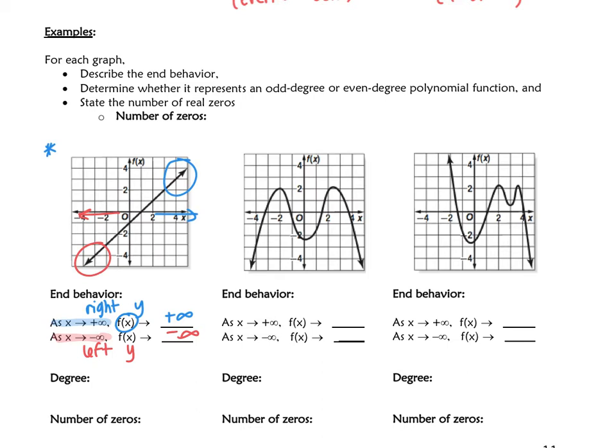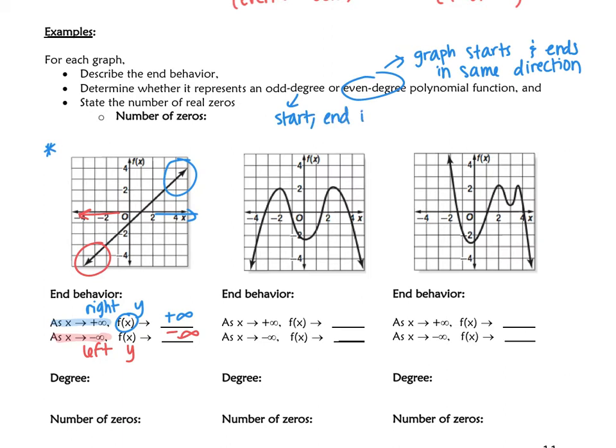Okay, we need to figure out if this is even or odd. Here's how you can tell. In an even degree function, the graph starts and ends in the same direction. So the graph will start and end up or start and end down. Even, think of twins. Odd, the graph will start and end in different directions.